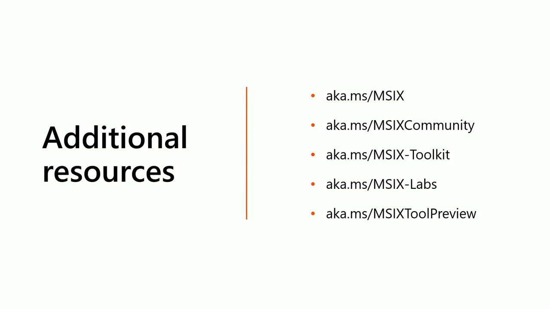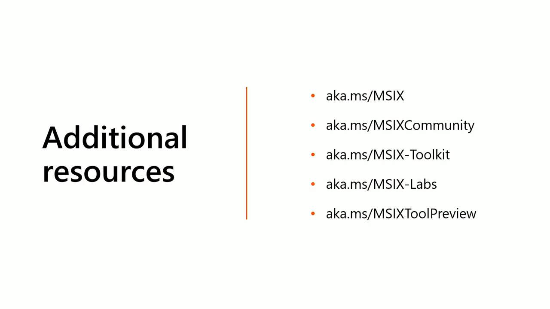Now, if we went through things a little bit faster, and you have some additional questions, we do have some additional resources for you. The first link on there is just a link to our documentation. The one after that, the MSIX community, that's our tech community. It's an online forum that you can go to ask questions. We as the product team are on there answering questions, and that's where you can also do feature requests and things like that.